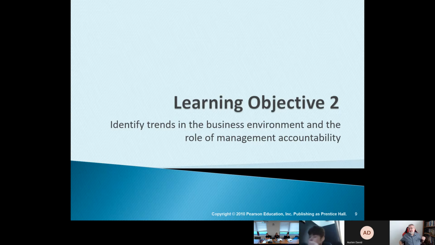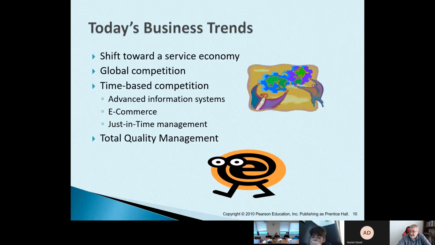Okay, so learning objective 2, to identify different trends in the business environment and the role for management accountability. So what's happening in the business world and why is it important to what we're learning here? Okay, trends in today's business. Okay, there's been a shift toward service economy.